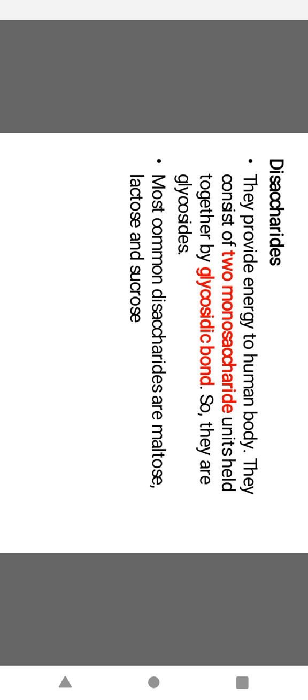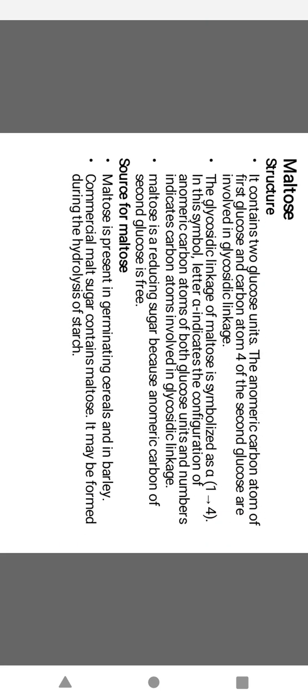Most common disaccharides of our diet are maltose, lactose, and sucrose. First we see about maltose. The structure of maltose contains two glucose units.